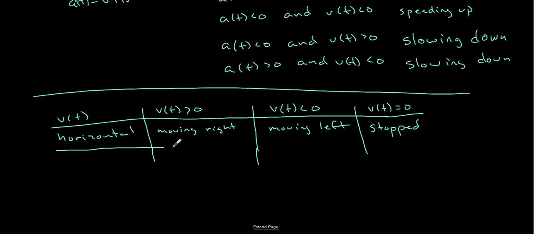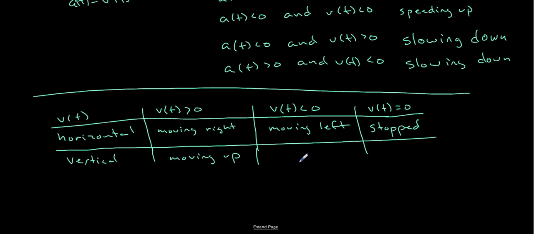Okay, how about vertical motion then? Vertical motion, v of t greater than 0. What's happening? Moving which way? Okay, vertical motion. Let's talk about v of t less than 0. Moving down.